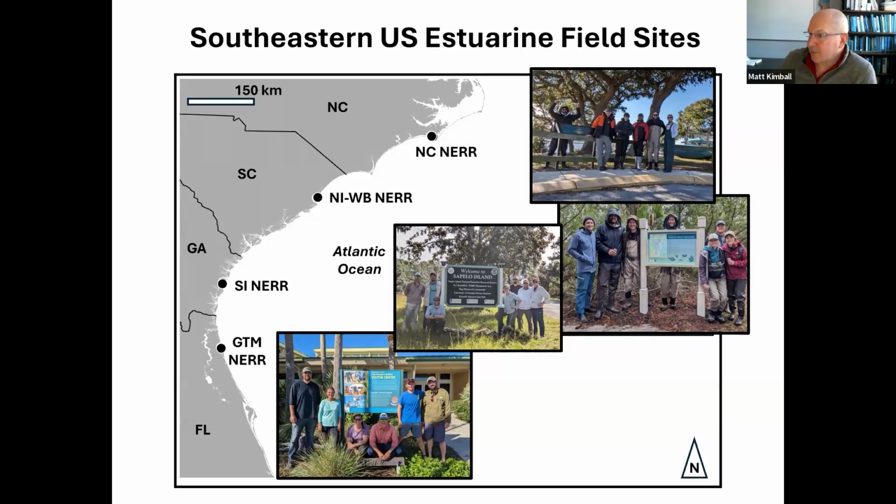The surrounding seascapes were similar but differed a little bit. You have some seagrasses up in North Carolina, and you have some mangroves down in GTM, but for the large part, these are Spartina dominated marshes with these fringing intertidal reefs as a dominant component.